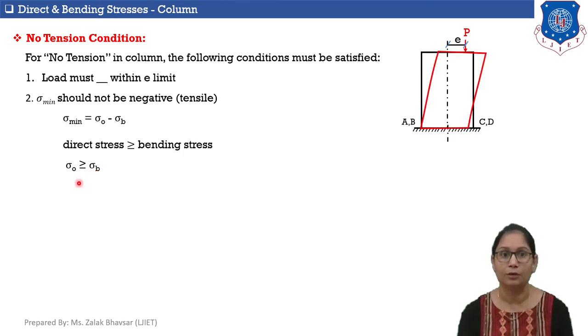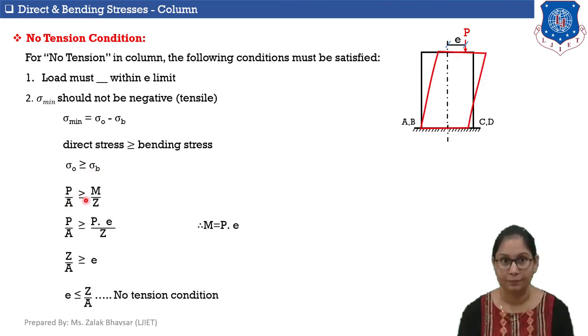Now sigma 0 is equal to P by A, and sigma b is equal to M by Z. So we can say that P by A should be greater than or equal to M by Z. Now M is the moment, which is equal to P into e, where P is the load and e is eccentricity. So I am replacing M with P into e. So I am getting Z by A should be greater than or equal to e.